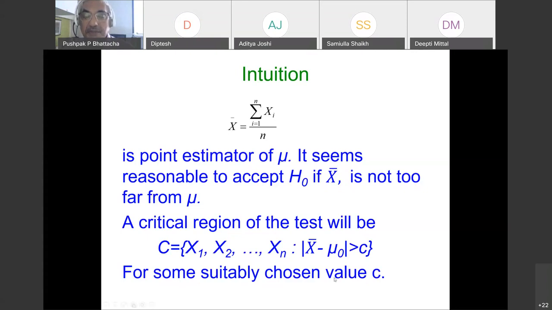So the critical region of the test will be C equal to the set of x1, x2 up to xn such that |x bar minus mu naught| is greater than C. Okay, so this is the test which will measure the distance between the sample mean and the population mean.